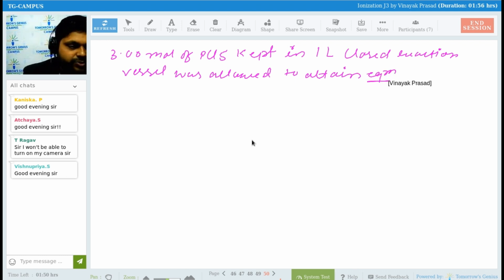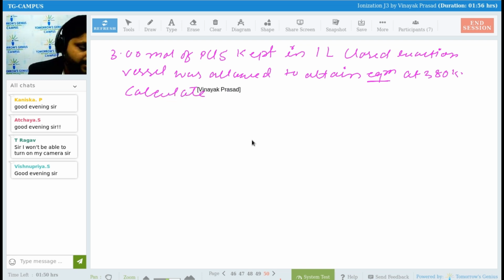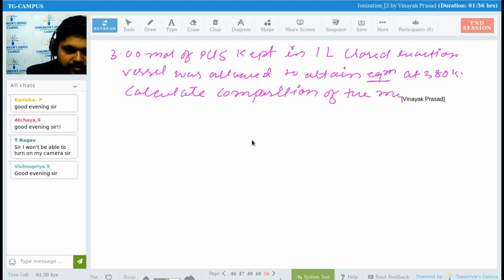Guys, I am writing equilibrium like this only, so you have to see these things, right? Equilibrium at 380 Kelvin, right? 380 Kelvin. Calculate composition of the mixture at equilibrium.